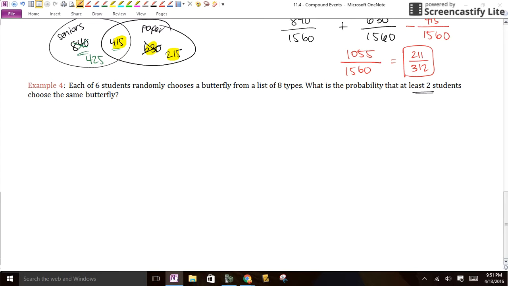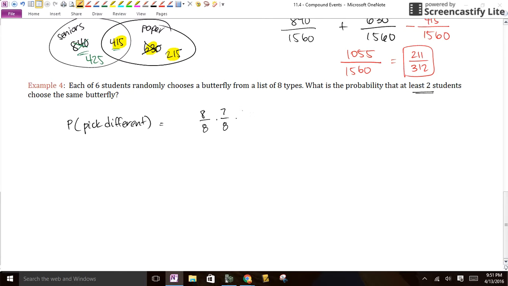So let's see what's the probability that they all pick different, and then we'll just do the complement of that because that's way easier to figure out. So there's 8 types. The first kid has 8 to choose from, and there's 8 total. And then the second kid's got to pick a different one. So there's 7 out of 8.